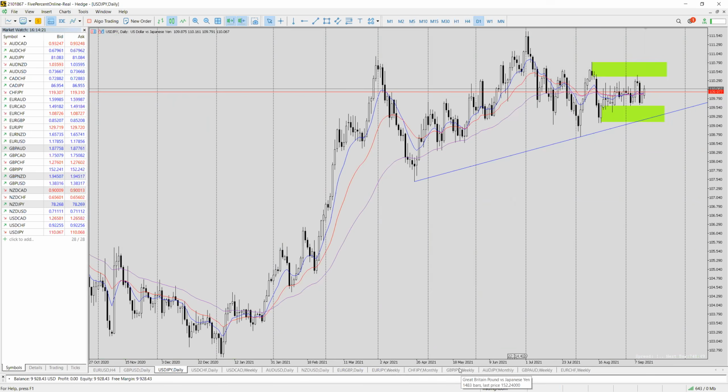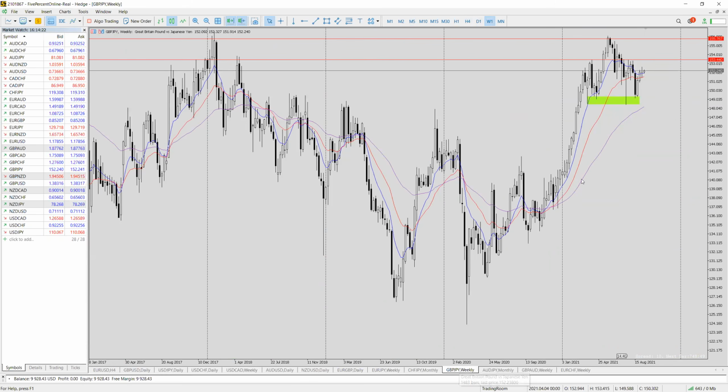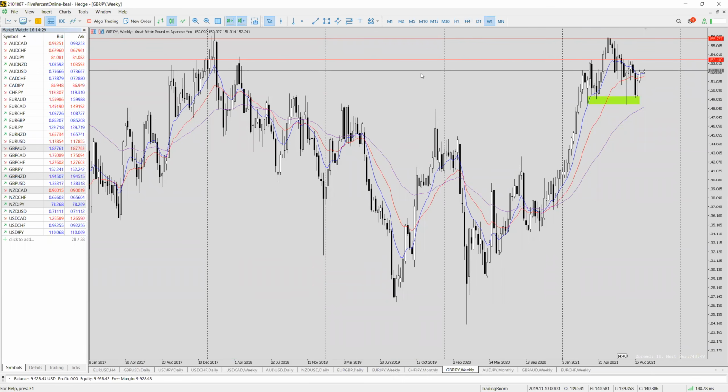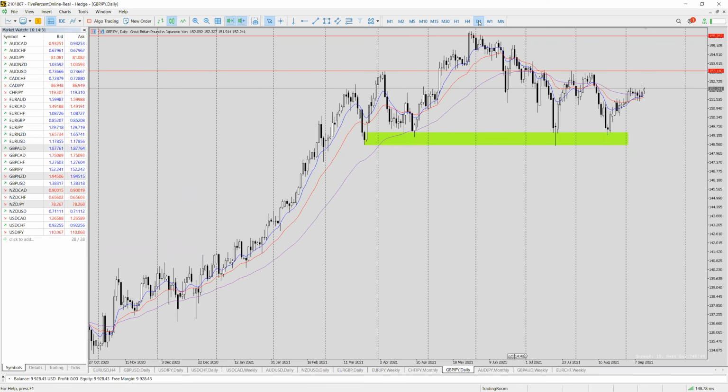It's basically ranging sideways, which makes, since the pound yen, the pound dollar and the dollar yen are pretty much ranging, I would also be careful with the pound yen, even though I'll speak about the yen pairs in a minute. But as you can see, it's been ranging in the last few days as well.